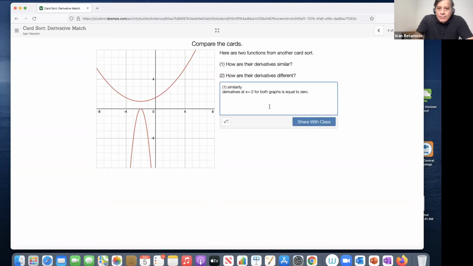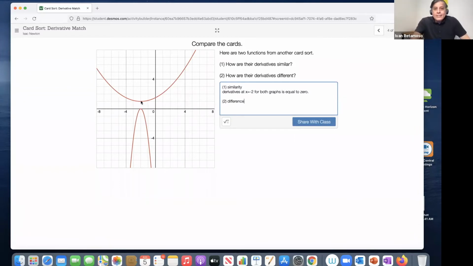Now for number 2, in what sense are these different? This is a little bit tricky, but let's see. Difference. Because one from left to right becomes positive and one negative. Very good, Adrian is saying, right?